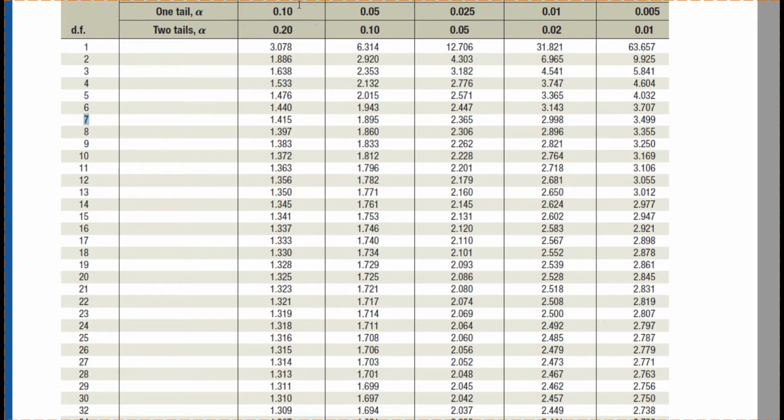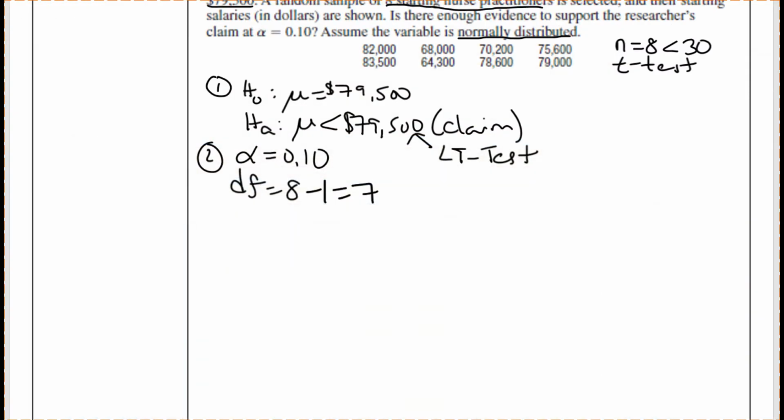So DF is 7, one-tailed test, alpha is 0.10. So we're looking at a t critical of 1.415. But since we're looking at a left-tailed test, it's going to be negative 1.415. And that's our t critical.